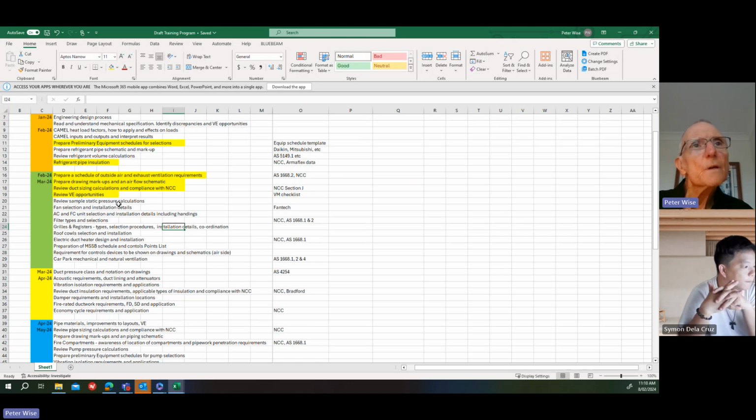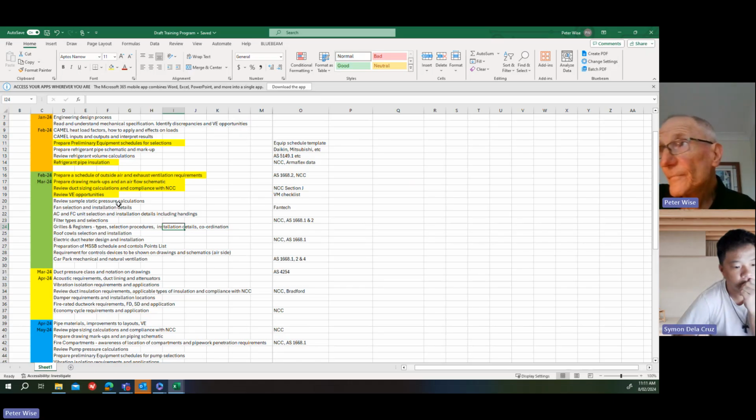I suggest if you have 15 minutes to half an hour to spare, just have a look at the NCC and understand the process going through that, so you know how to work out the classification of a building. From there, have a look at section E and just don't try and understand it in detail.